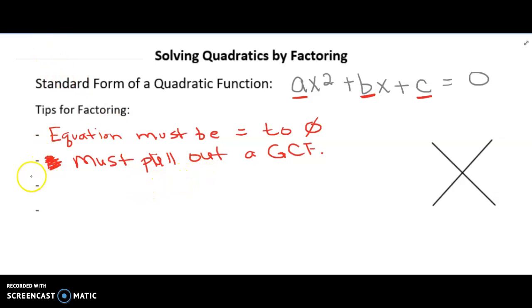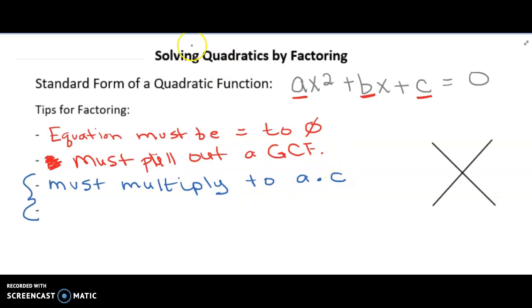The last two go together, hand in hand. Two scenarios have to take place. The first one is that the two numbers we use to factor must multiply to a times c, and that same two numbers must add to b.